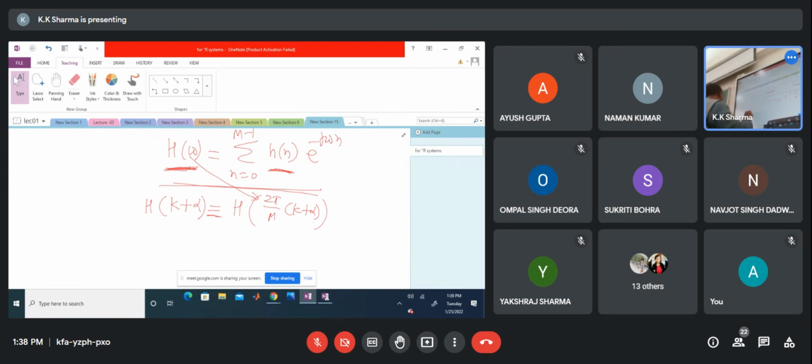So using the definition of DFT, these frequency samples can be written as the summation of h(n) e to the power minus j 2 pi by M into k plus alpha into n, n equal to 0 to M minus 1. Or equivalently, in this equation I am replacing omega on both sides by this value.